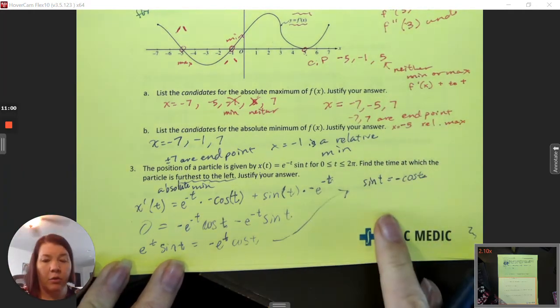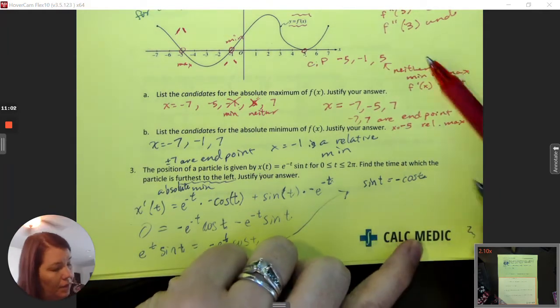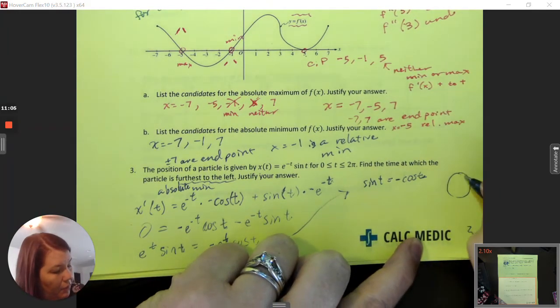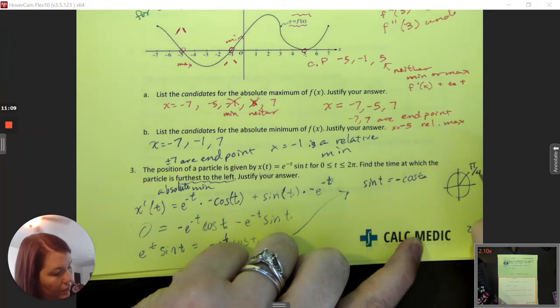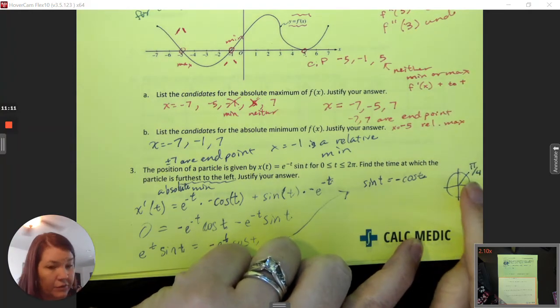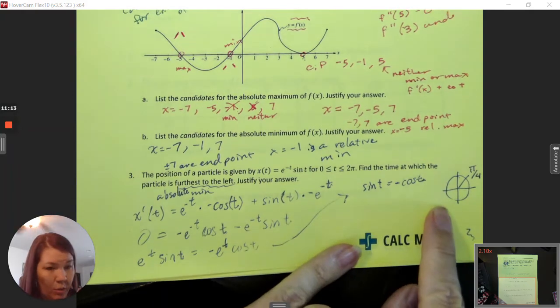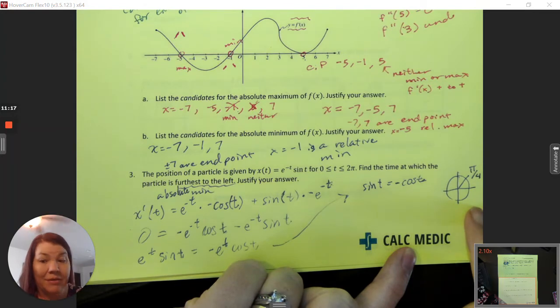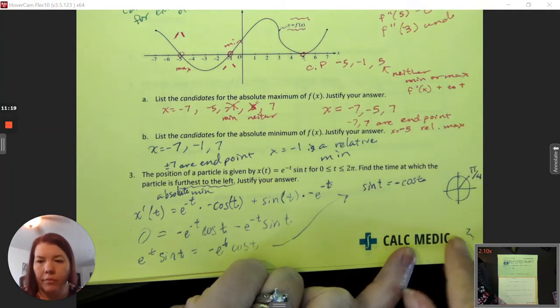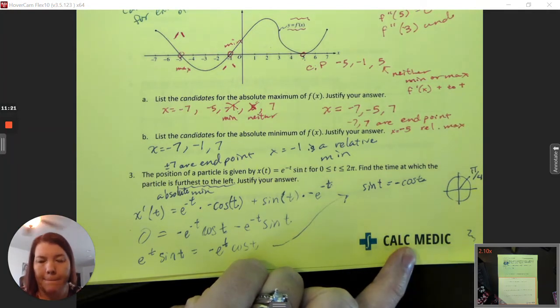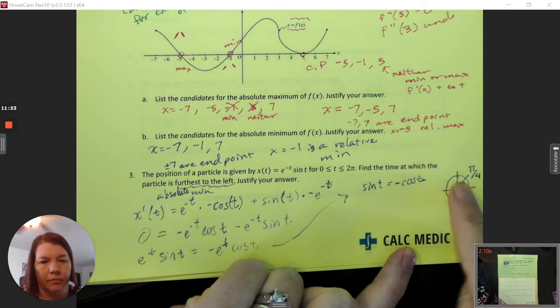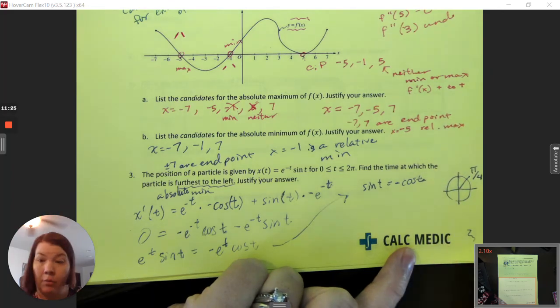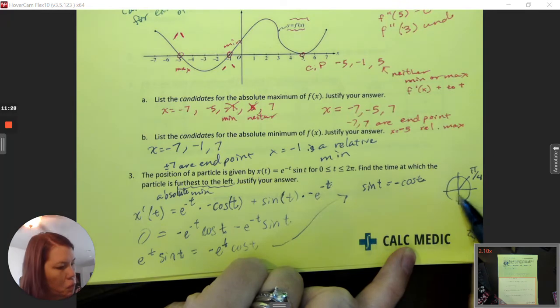Sine and cosine are equal at pi-fourths. If we remember our unit circle, they're exactly the same in the first and third quadrants. In the second and fourth quadrants, they have different signs at the pi-fourths reference angle.